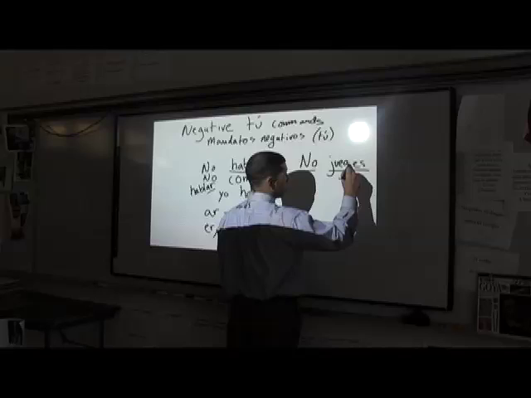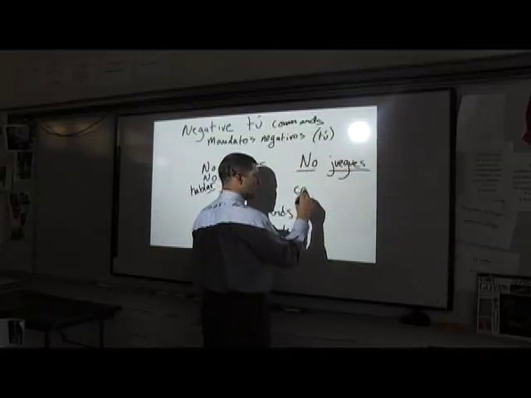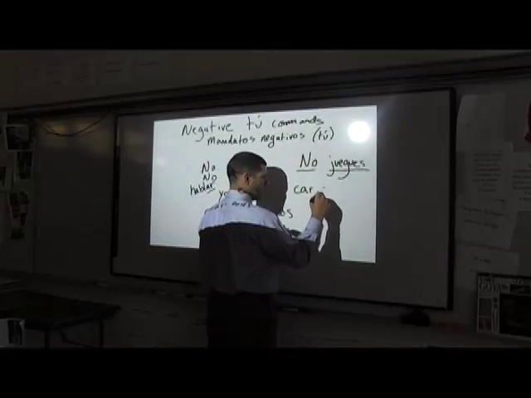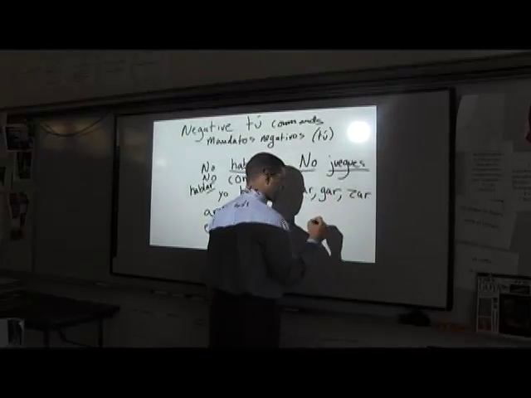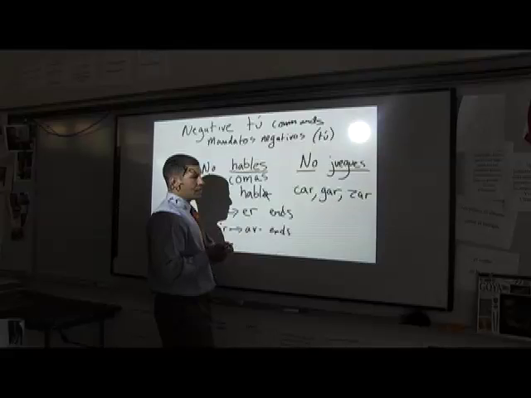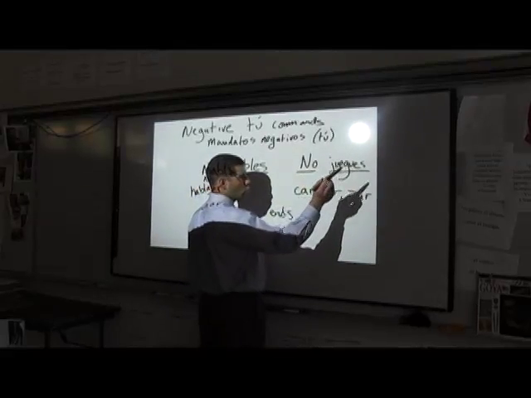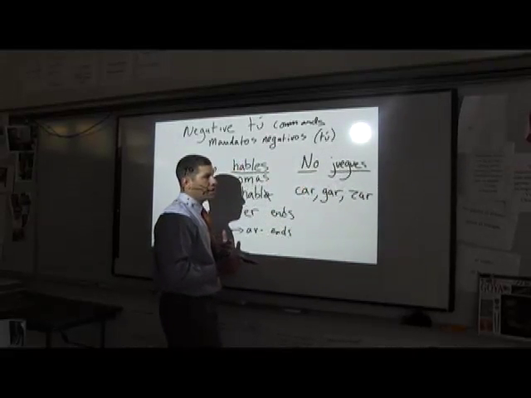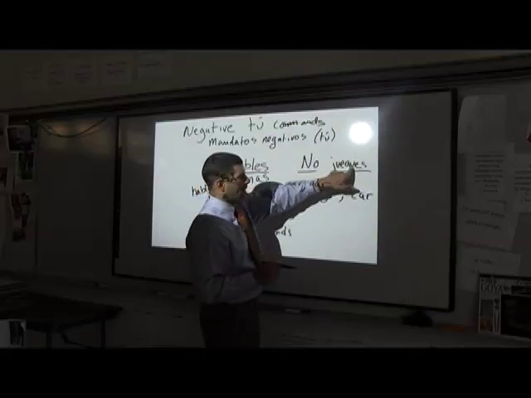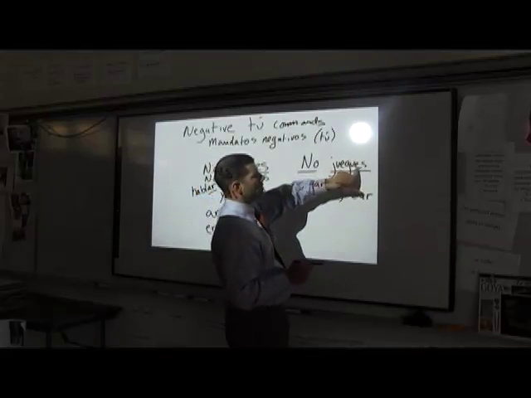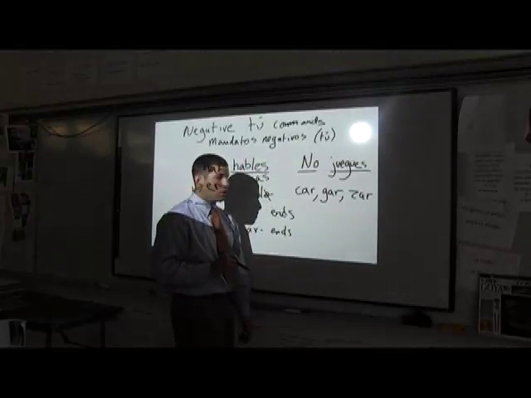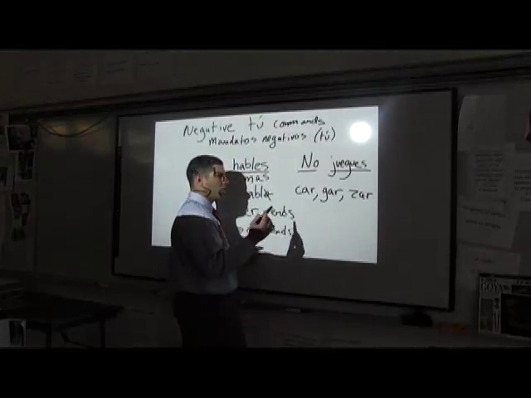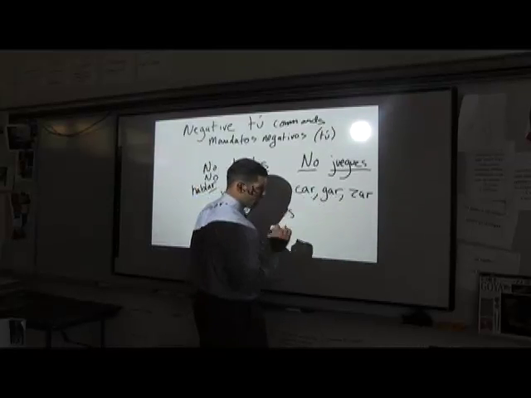So you actually still have to worry about verbs that end in car, gar, and zar. So, for instance, no juegues is a GAR verb. We have to add a U in there to make that hard G sound happen. This happens in the preterite tense too, where you have to add the same changes to these.